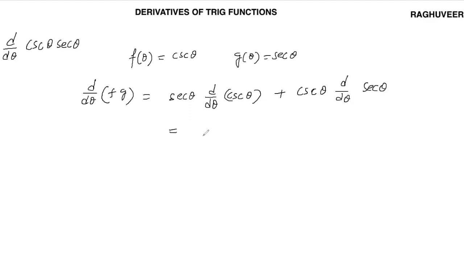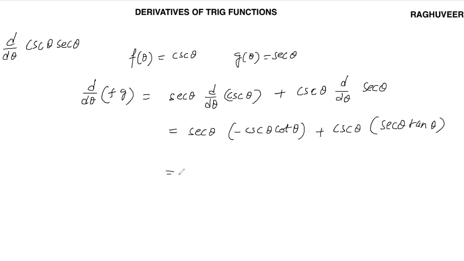So this results as secant theta times minus cosecant theta cot theta, plus cosecant theta secant theta tan theta. After simplifying, this is secant theta and cosecant theta multiplied by cot theta plus tan theta.